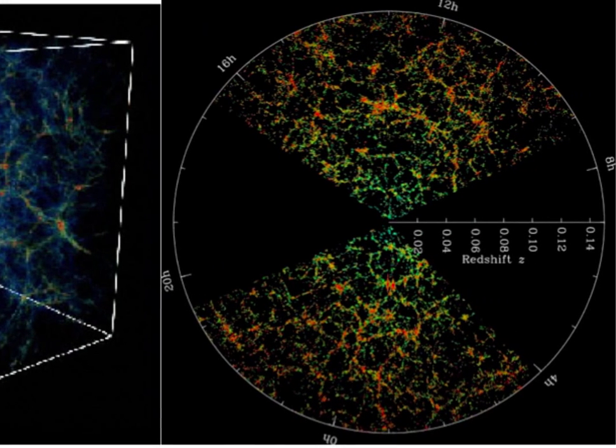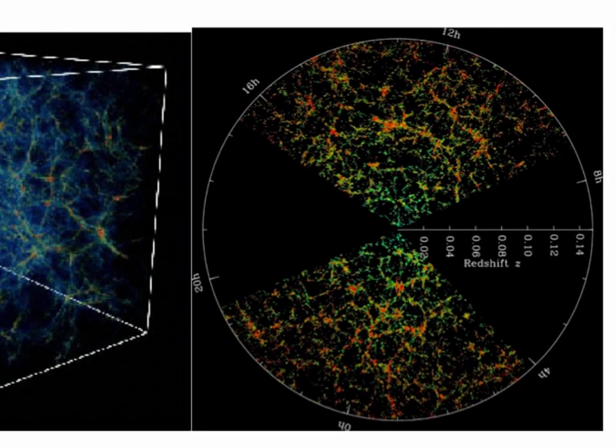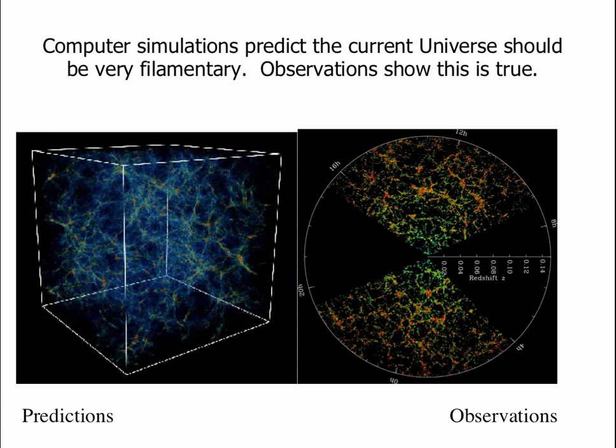On the right is a slice of the real universe going out to a distance of roughly a couple billion light years. And what you see is that the real universe, qualitatively, meaning if you compare them, they look similar. You see those filaments, you see the little nets. There are statistical ways you can compare these, and what we find is that they are really close. They're not identical, but they're really close.